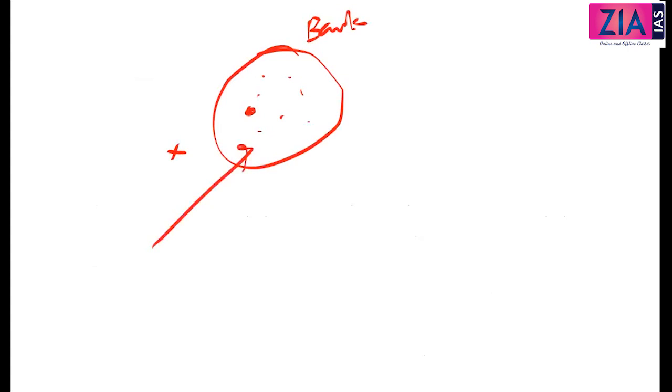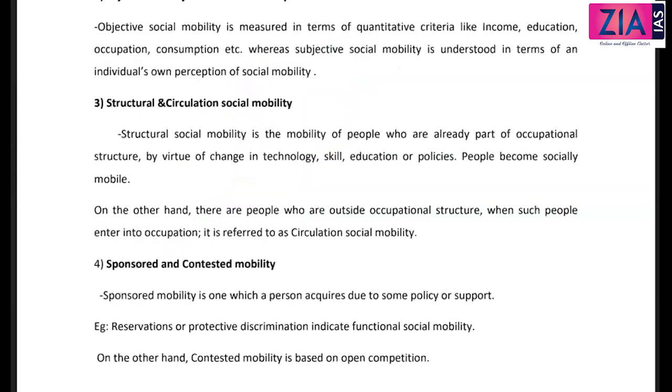Bank employee work was so difficult at that point of time. Now, because of technological innovations, your efforts are reduced because of the changes in the structure. So you experience a mobility here because your efforts have come down, you're getting more time, you can do many other things. This is what we mean by structural mobility.